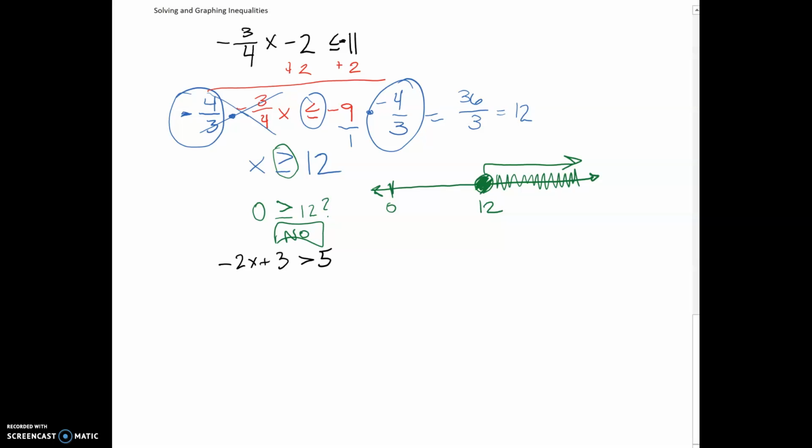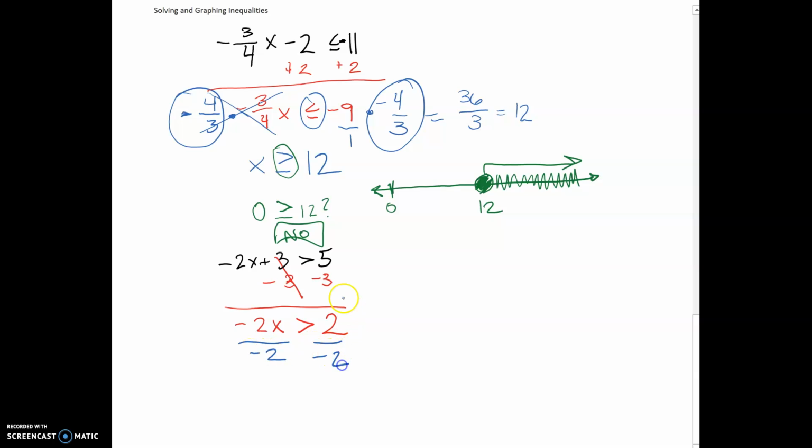For the second one, you are not finding its graph, you're just solving the inequality. So let's go through that. Subtract 3 from both sides. So we get negative 2x is greater than 2. And then we are going to divide by negative 2.